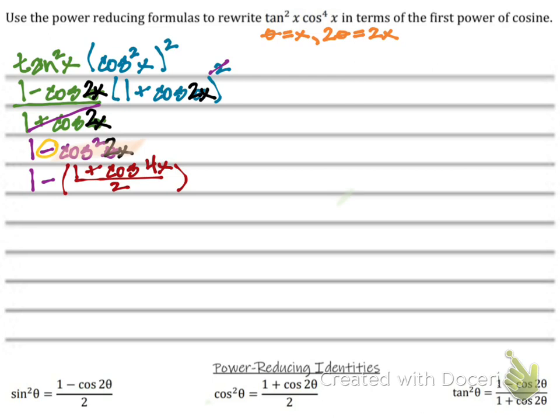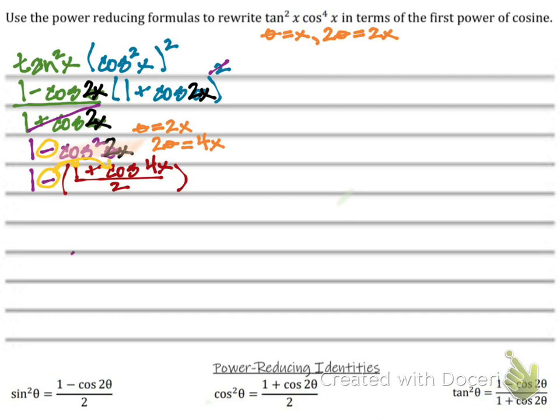Because theta is 2x. So 2 theta is 4x. And so we need to be sure that we distribute this to both of these guys.